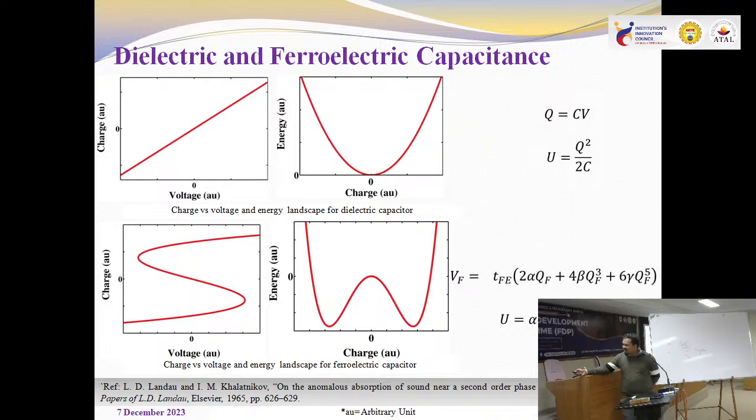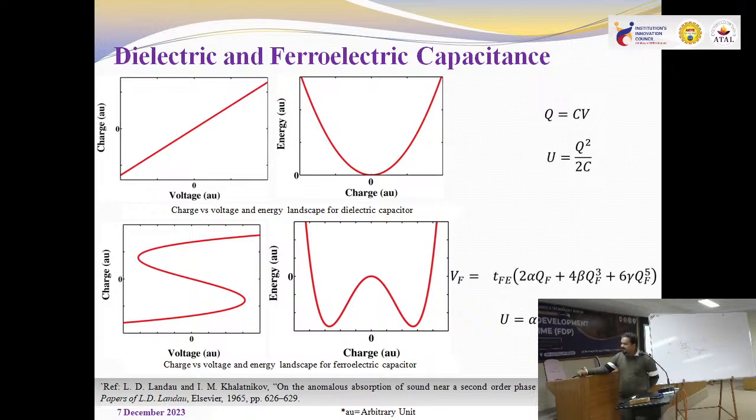This AU is arbitrary unit. Arbitrary unit means I have not worried about the scale, but how it varies, that is more important. So everywhere you can see this is AU.